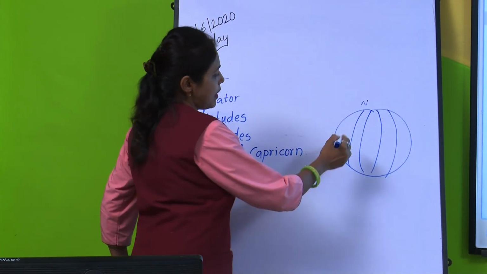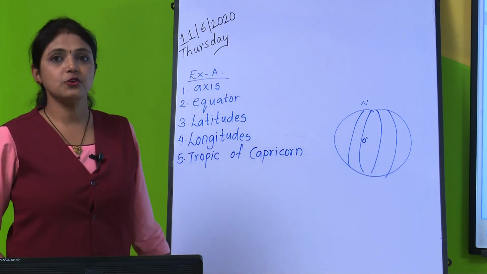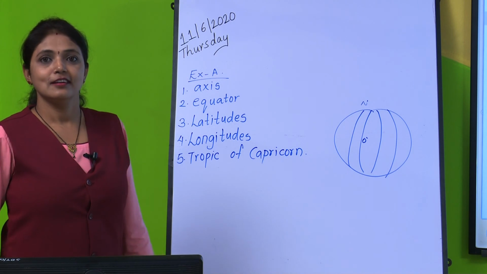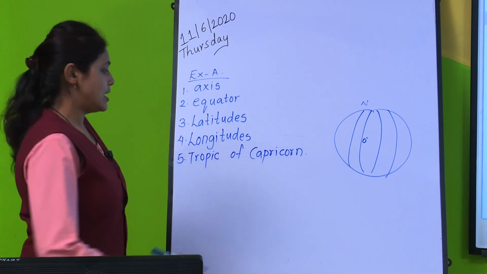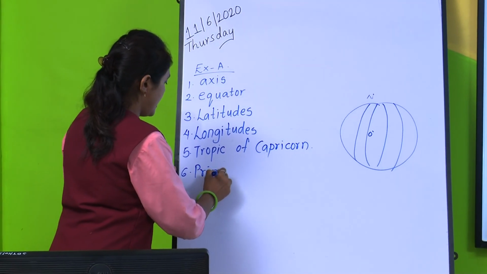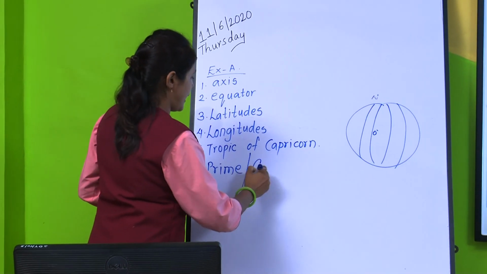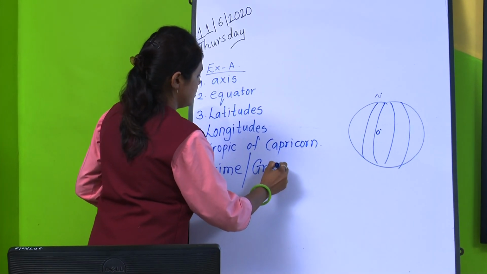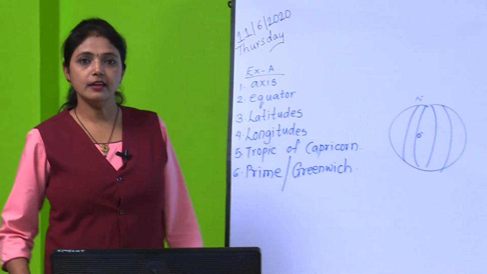Now it is marked at 0 degrees. Which meridian is marked at 0 degrees? Prime meridian. Very good. The answer is prime meridian, or you can also write Greenwich meridian. Okay?